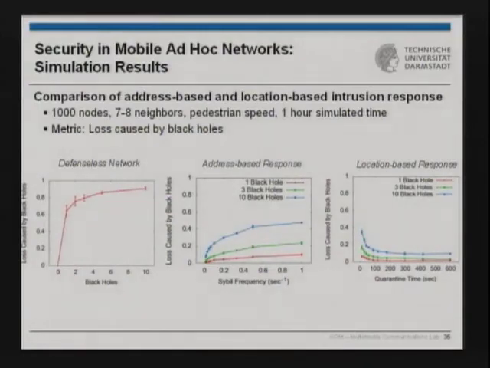So these are simulation results from the studies we did for the location-based intrusion response. We had a scenario consisting of 1,000 nodes, 7 to 8 neighbors per node. This means we just have a connected network, so the probability of having a route between arbitrary nodes is some 99.9%.